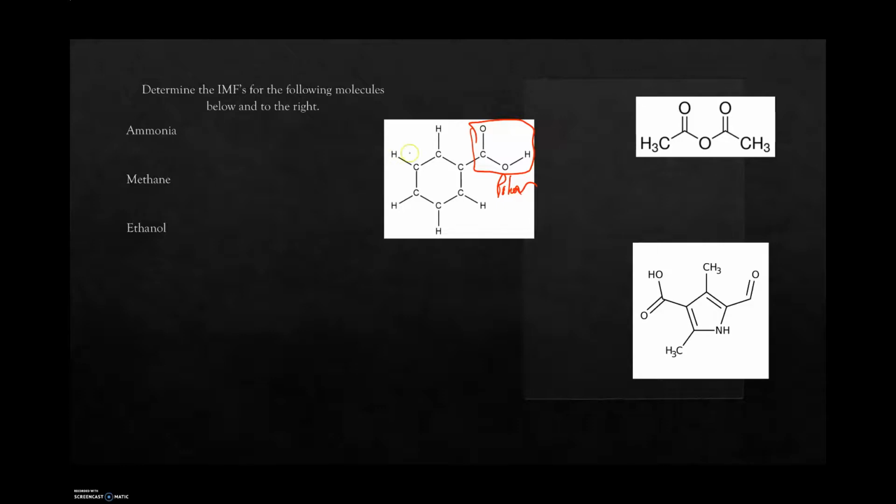Now the rest of the molecule that you see here, I'm going to square that. So the rest of this is nonpolar. Now this molecule is polar and it's got two different parts to it. We can figure out the intermolecular forces based off of this. So London dispersion is going to be the first one that we write down, then dipole-dipole, and then the H bond.